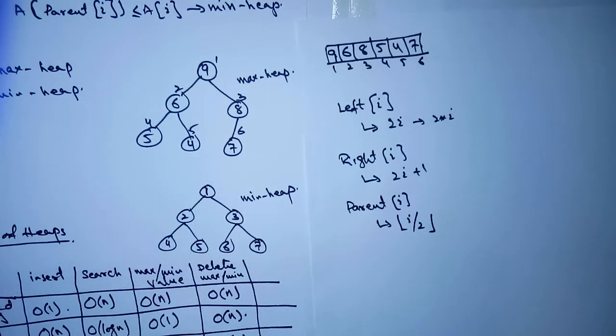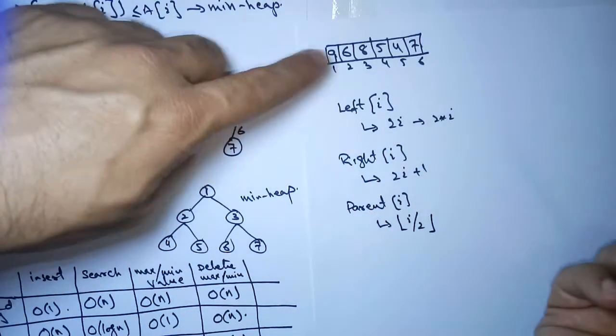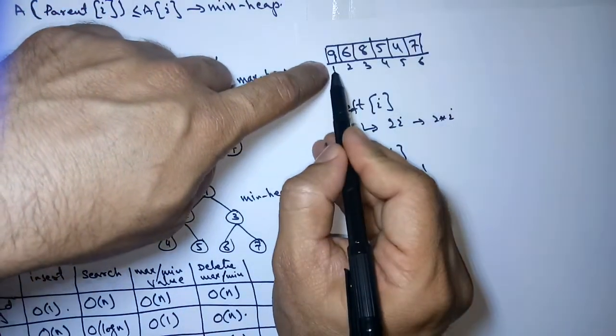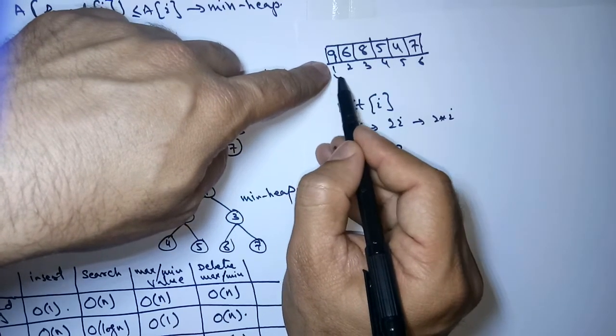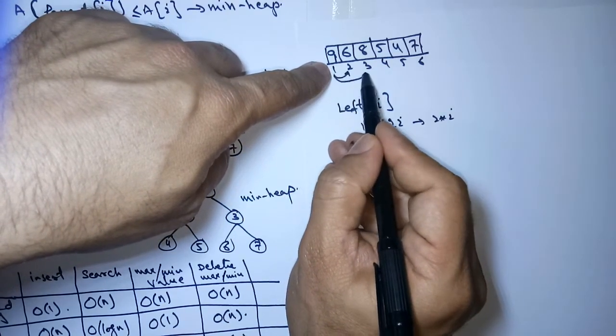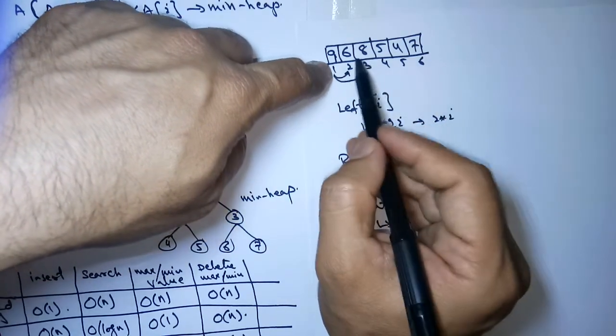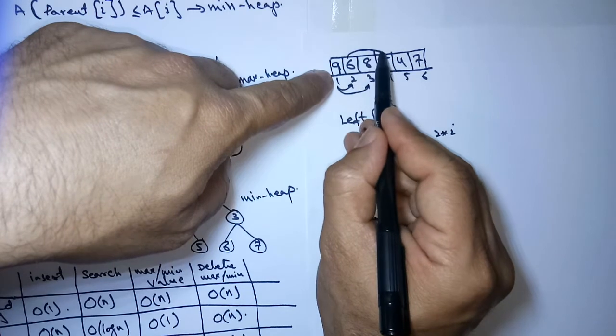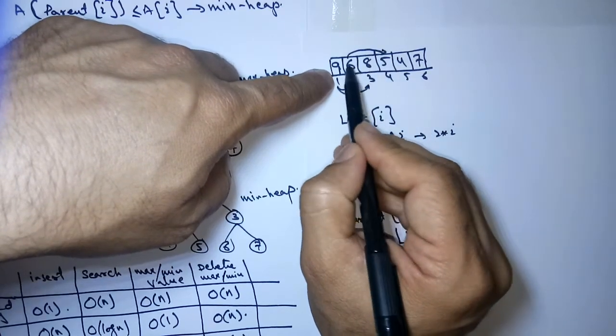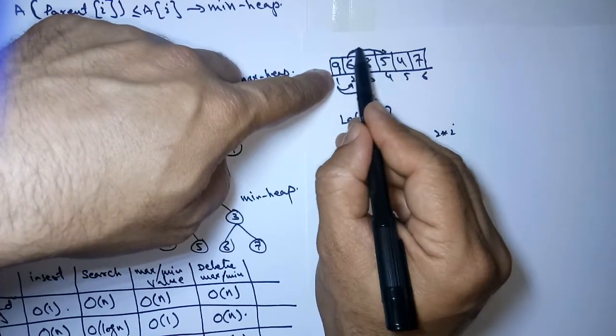So the parent can be easily found using this formula. This is how we maintain the relationship in the array. If I want to find the left child of 1, that is 2 times 1, that is 2. This is left, this is right, 2i plus 1, right? The left child of 2 is 2 times 2, that is 4, and the right child of 2 is 2 times 2 plus 1, that is 5.